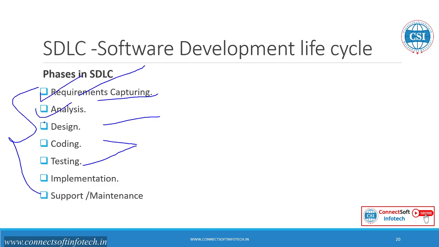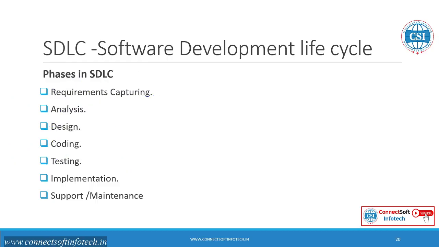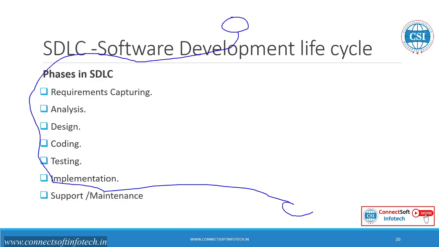Implementation is also involved, and support and maintenance is also involved, but these are the general SDLC phases. Once the software or application starts development, it will go through this entire life cycle, and after that you will get it in the market.